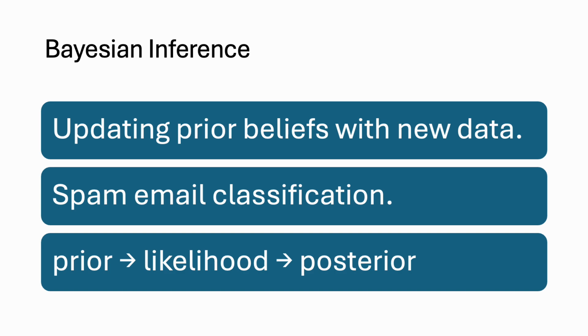Beyond predictive maintenance, Bayesian inference is used in quality control and supply chain optimization. For example, if a batch of raw materials arrives, Bayesian models can update the probability of defects based on supplier history and incoming inspection data.